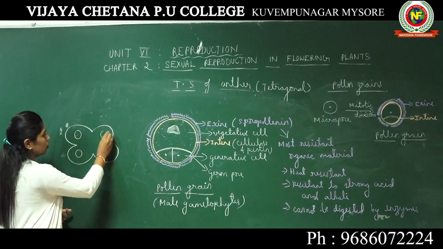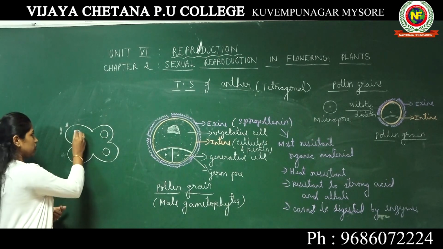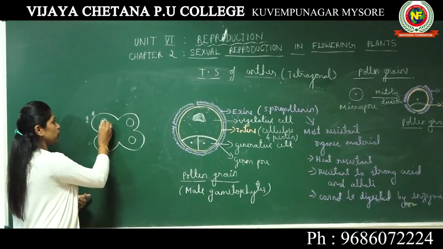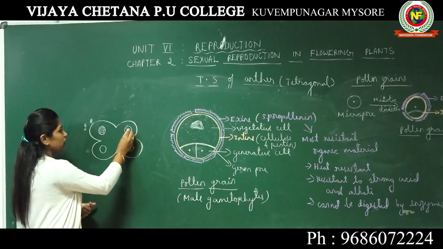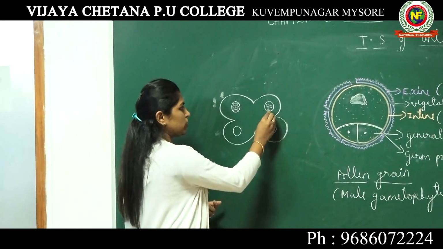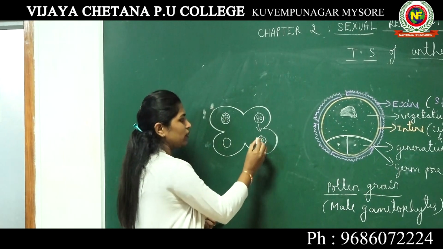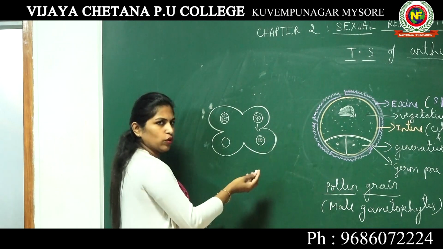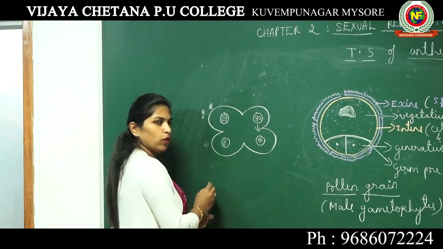In all four corners of the anther, we will find a microsporangium. Inside the microsporangium, we will find sporogenous tissue. Every cell inside the sporogenous tissue is a microspore mother cell, which undergoes meiosis to produce a microspore tetrad. When the anther matures, the microspore tetrad develops into individual microspores.